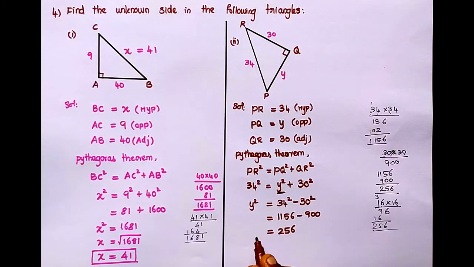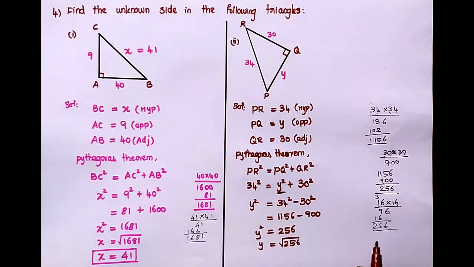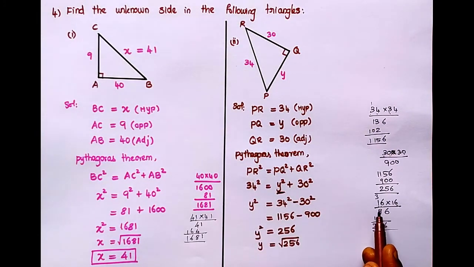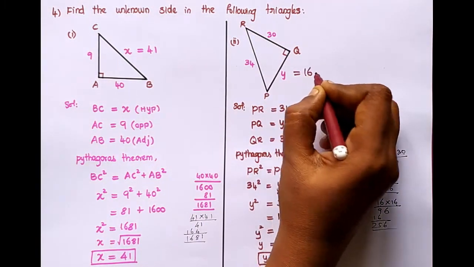So listen, y squared equals 256, so y equals root of 256. We found that 16 into 16 is 256. So y equals 16. That is the answer. The value of y is 16.